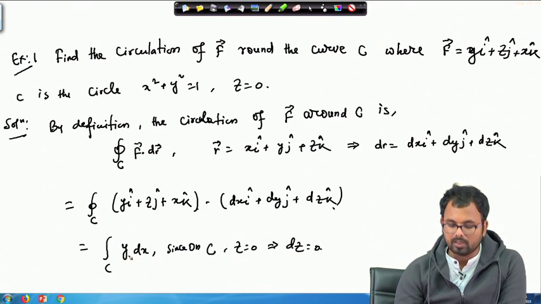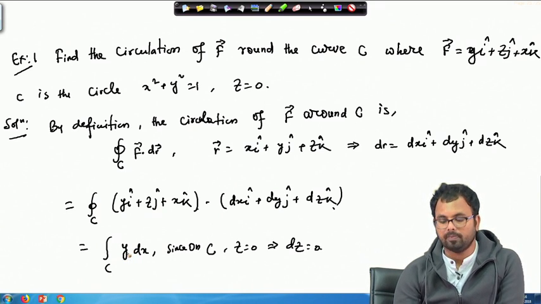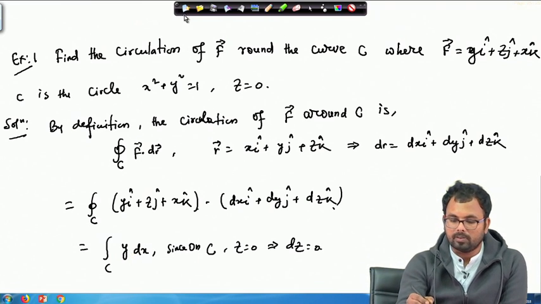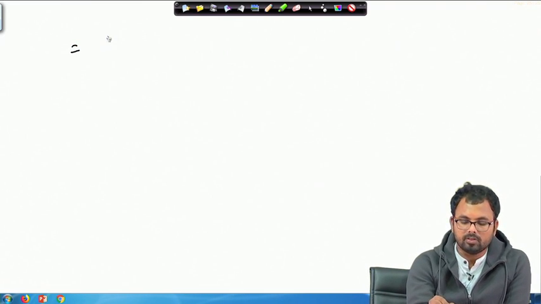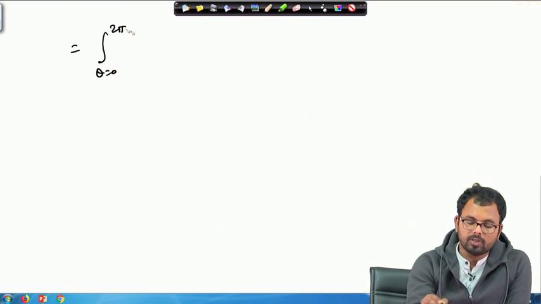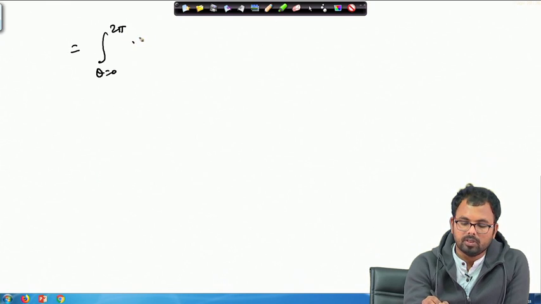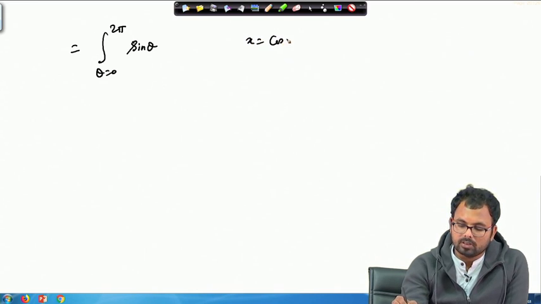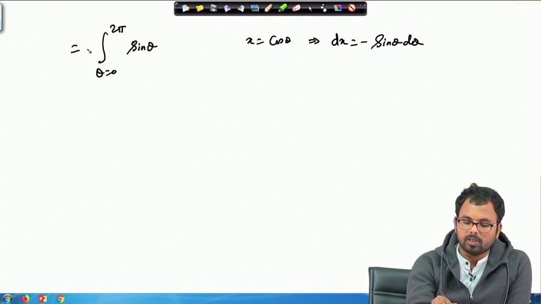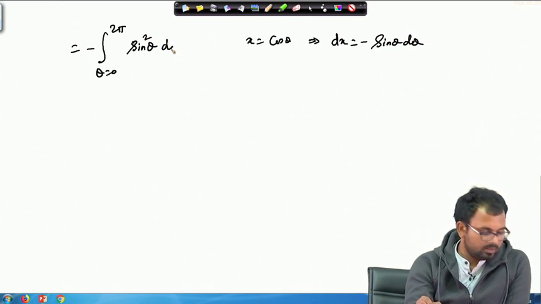Now if I substitute x equals to cos theta and y equals to sin theta, the parameter theta would vary from 0 to 2 pi. So this is sin theta, and if x equals to cos theta, then dx is minus sin theta d theta. So this will be minus sin square theta d theta.